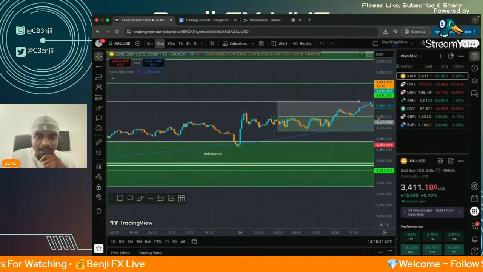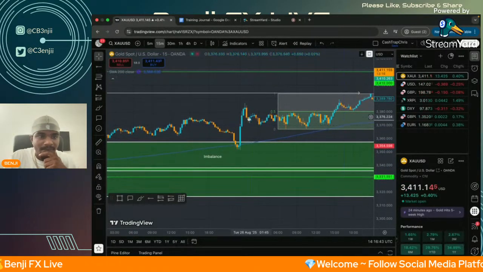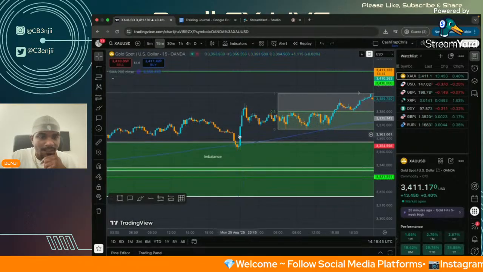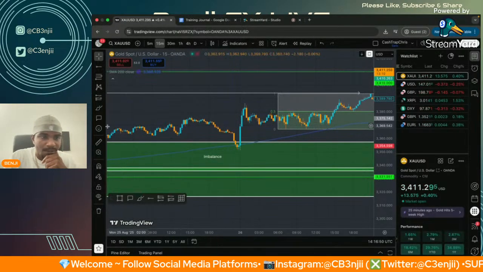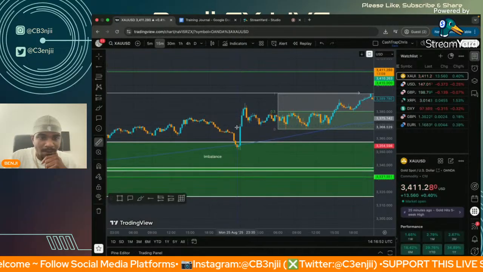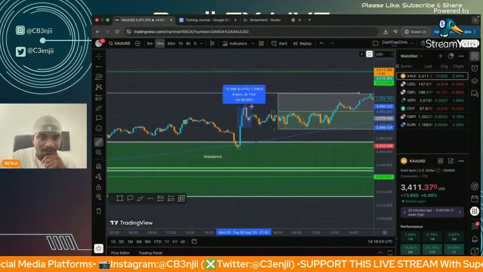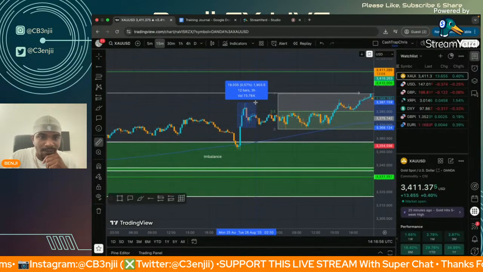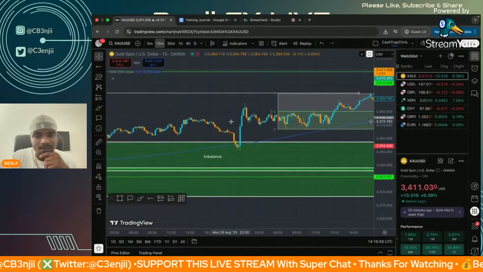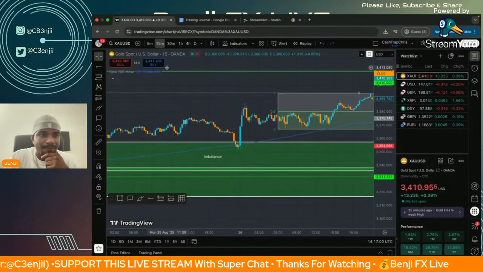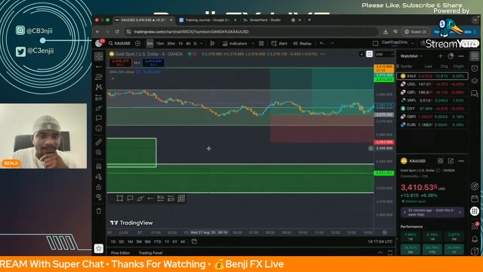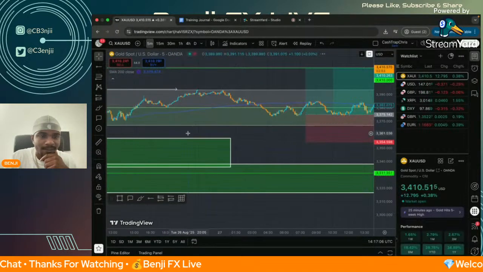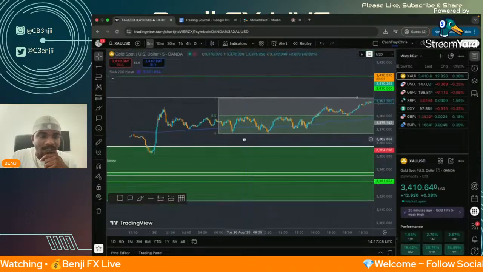Just dropping down, me personally, I wouldn't have taken this trade off the 15-minute. Although this candle took out this high, you probably still would have gained a few pips up in here, a little 15 to 20. Okay, cool, not bad. But let's drop down to a 5-minute. Did it come out for a better setup?